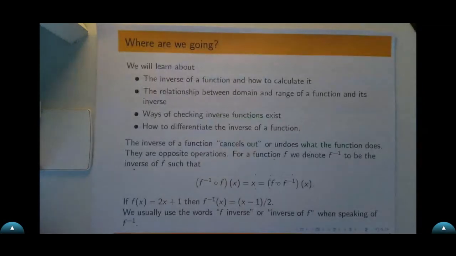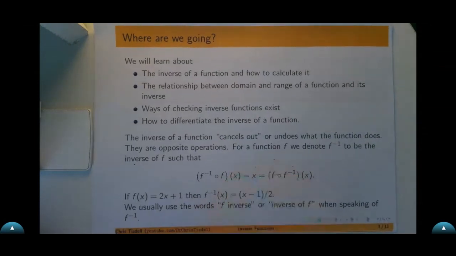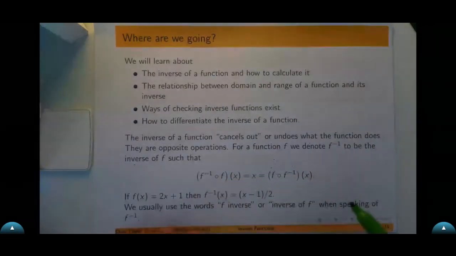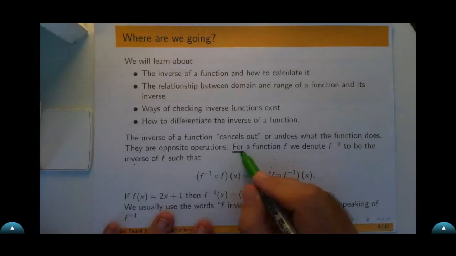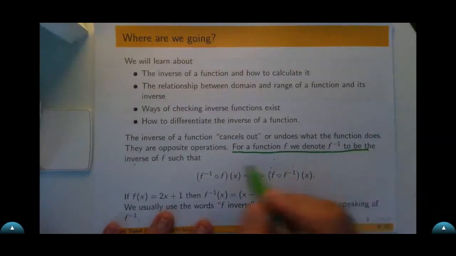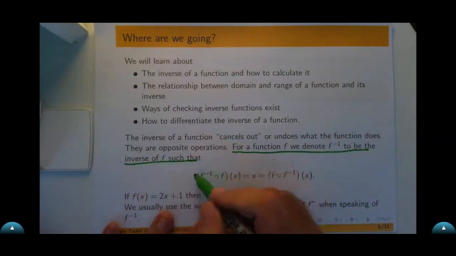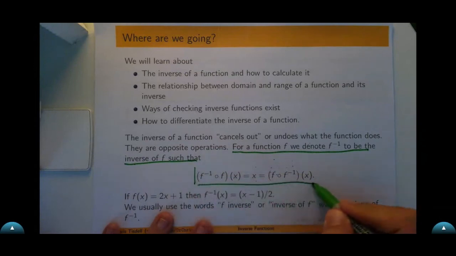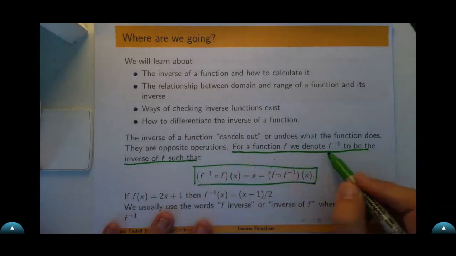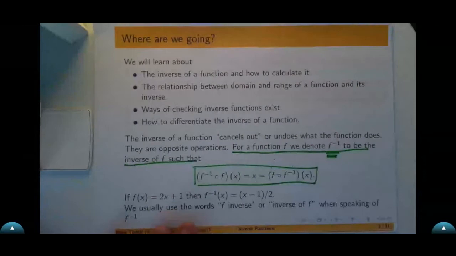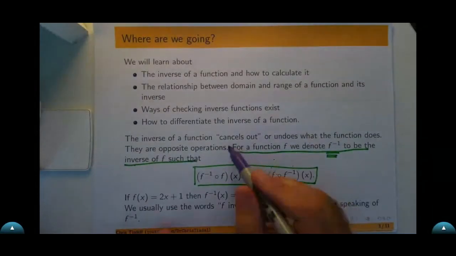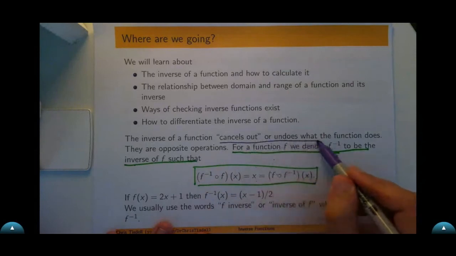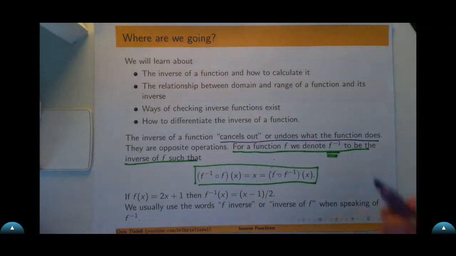All right. So inverse functions, we talked about this a few lectures ago, I think very early in week 1. But if you've got a function f, you can define the inverse by this function. What the inverse does is it cancels out or does the opposite of what the function does.